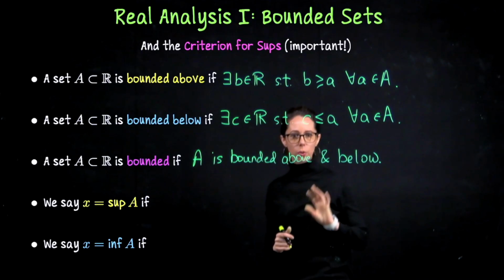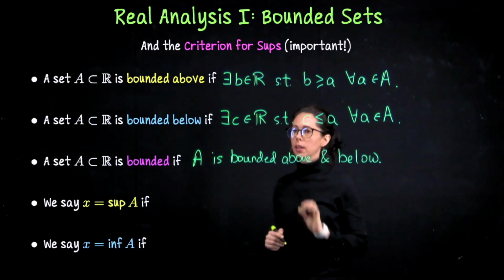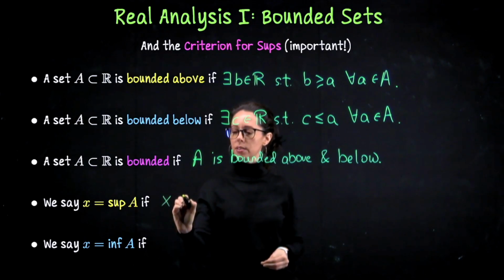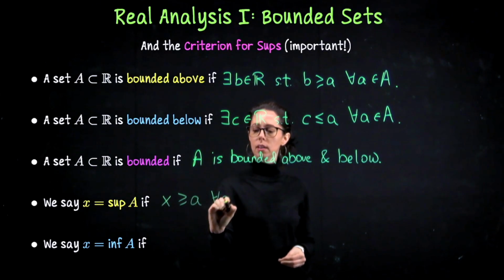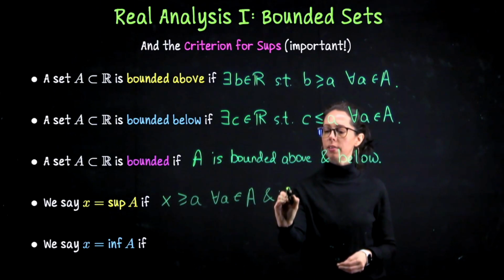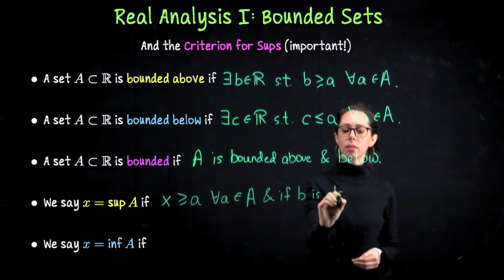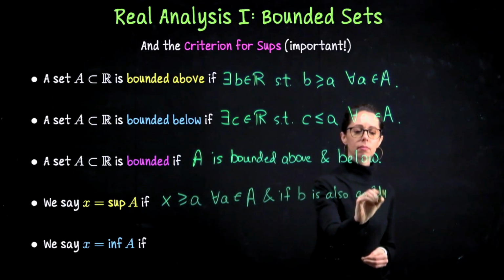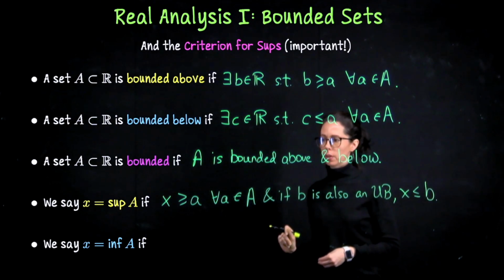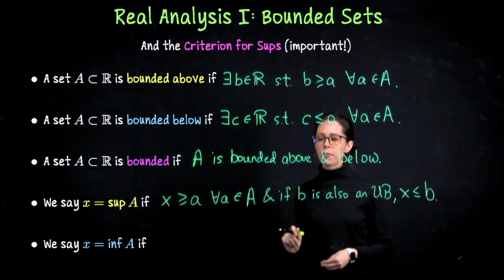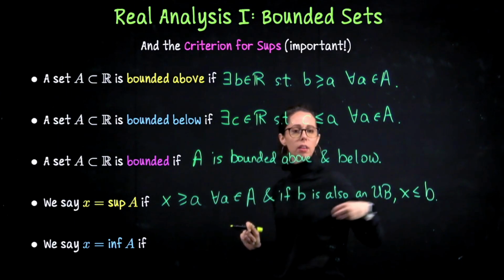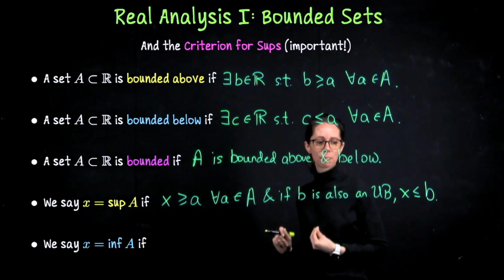So it's less than or equal to all other upper bounds of A. So x equals sup A if x is greater than or equal to a for all elements a in the set A, and if B is also an upper bound, x is less than or equal to B. Okay, so x is the supremum of A if it's an upper bound of A. That's all I'm saying here. It's an upper bound and it's smaller than all other possible upper bounds.